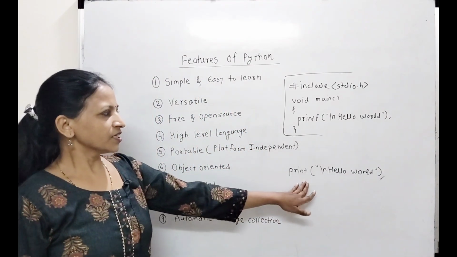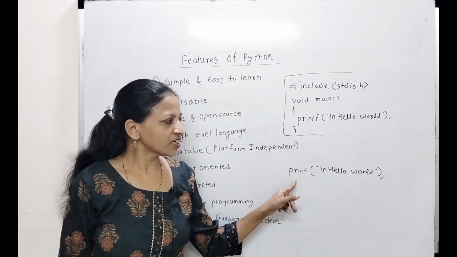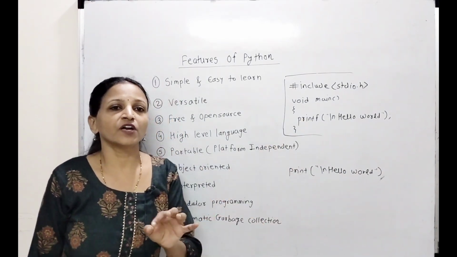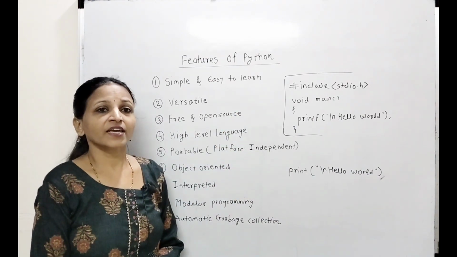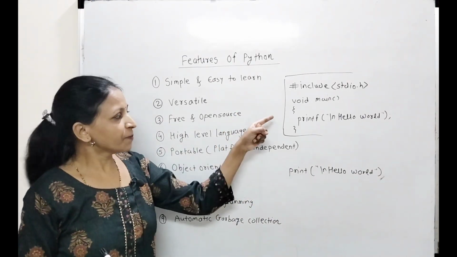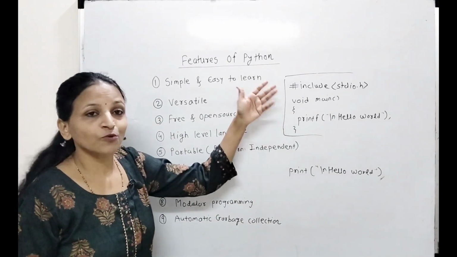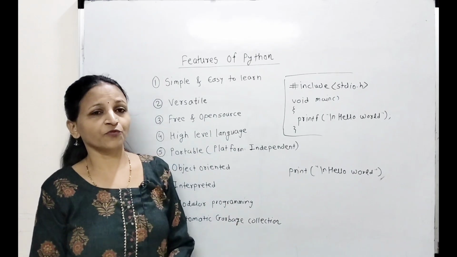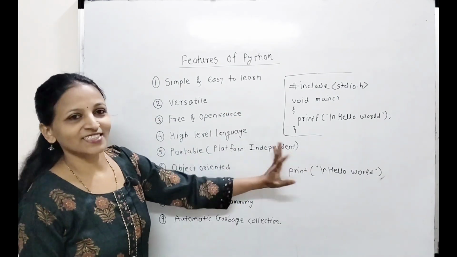In this way, see, in C you have to write this much code, and in Python you have to write only a single line of code to display hello world onto the output screen. Now you can compare these two programs. The same thing is for C++, you have to write this much code again. For Java you have to write some more code than this, and in Python you have to write only a single line of code. If you compare this, then you can say that it is very easy to understand.